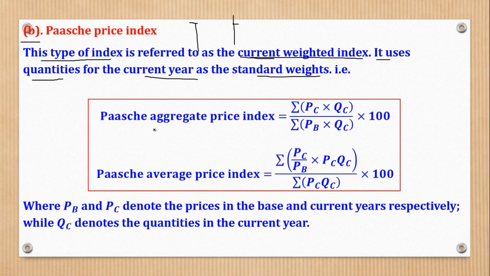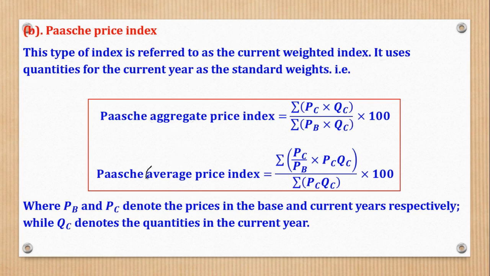And Paasche also has two parts. It has an aggregate part and also an average part. The aggregate part is given by the summation of PC times QC divided by summation of PB times QC, everything multiplied by 100. It is a little different from the value index in that for value index here there was QB.